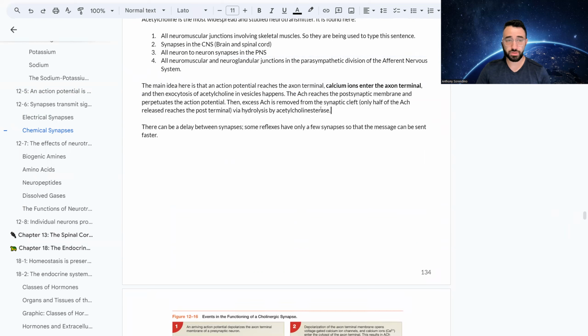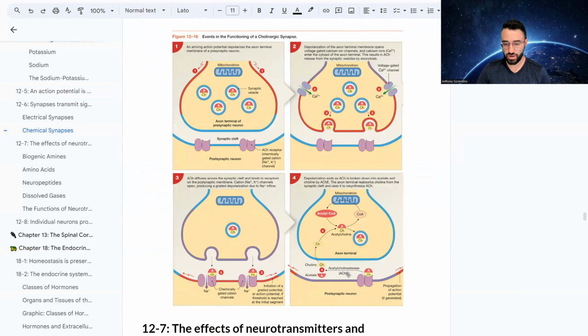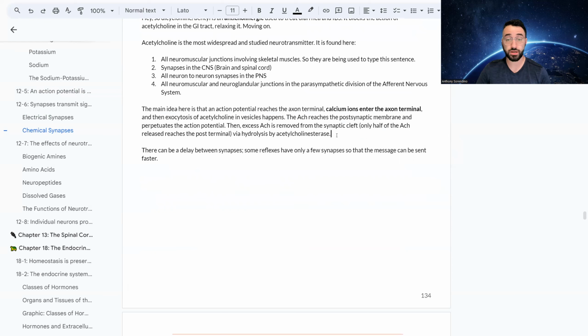As it reaches the postsynaptic membrane, it perpetuates the action potential, and then the excess acetylcholine is removed from the synaptic cleft by, I think it's acetylcholinesterase, which is going to clean up. Sometimes it's not all used. I think only like 50% of the acetylcholine is actually used, and everything else is recycled.